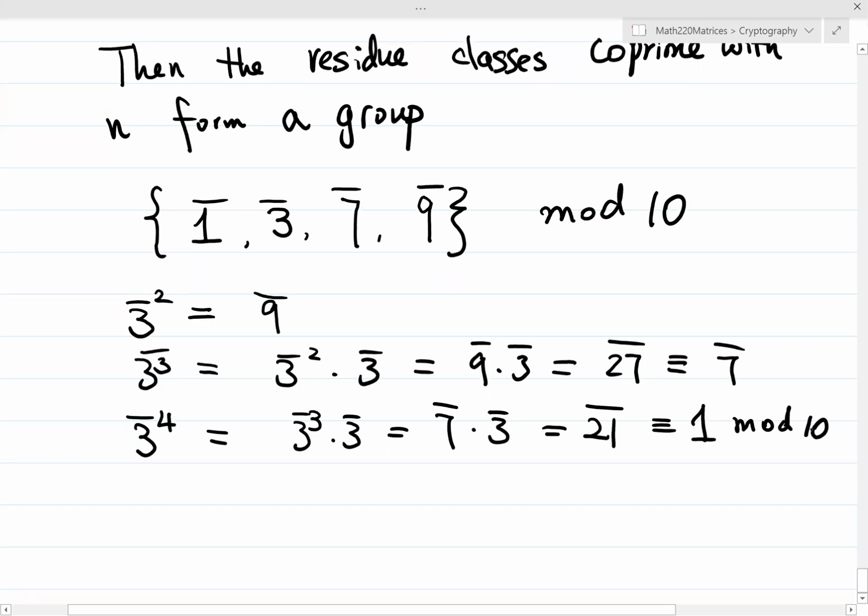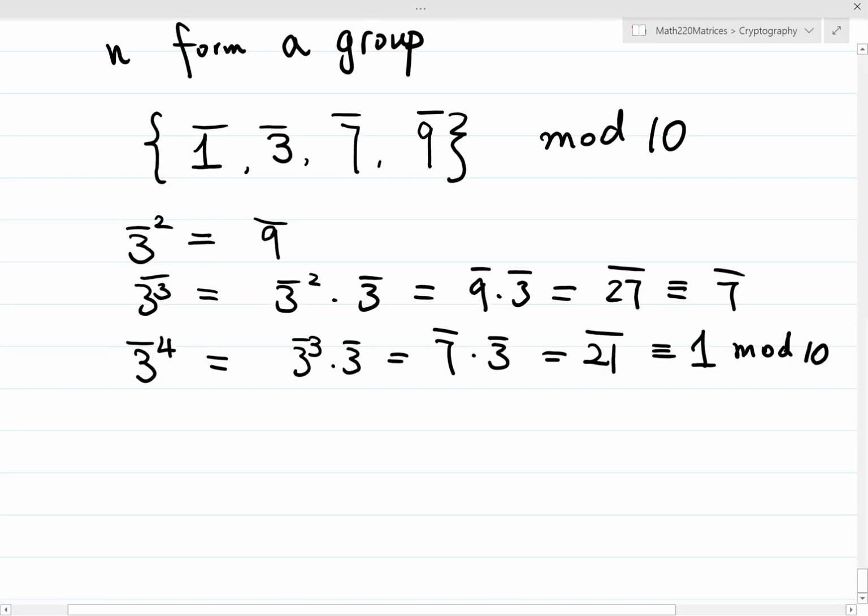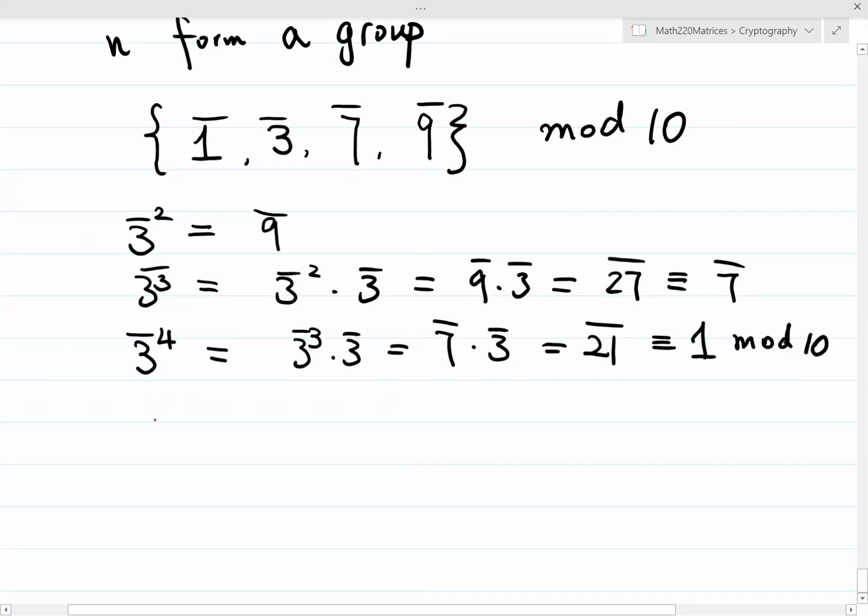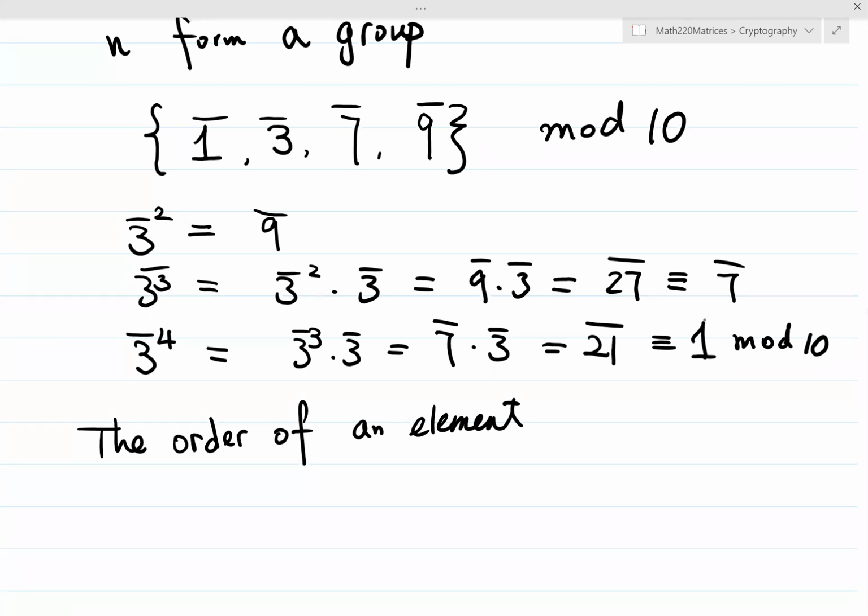Then we give some definitions: the order of an element and the order of a group. The order of an element is the smallest number such that a power of the element gives the identity element.